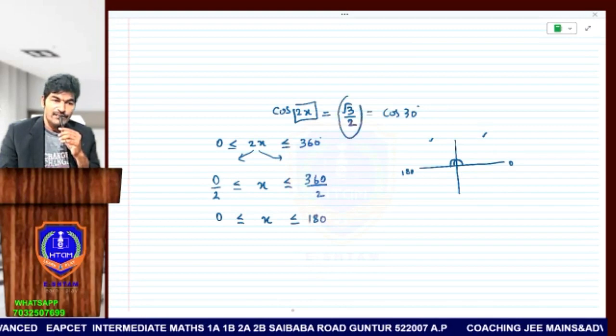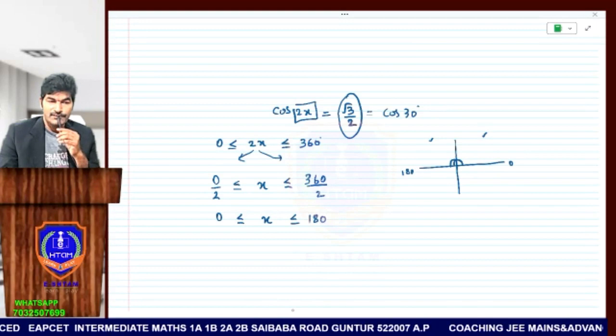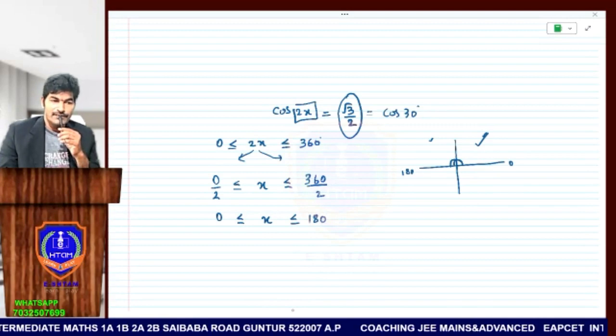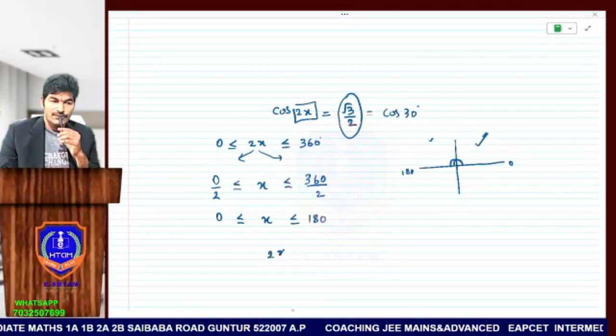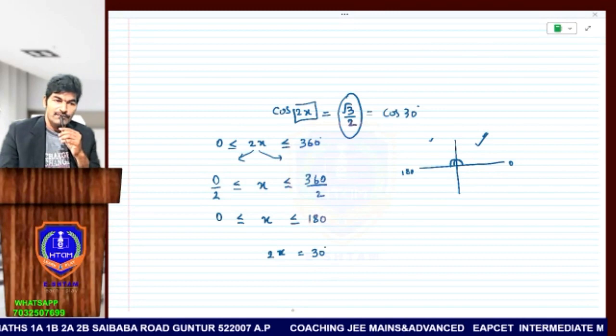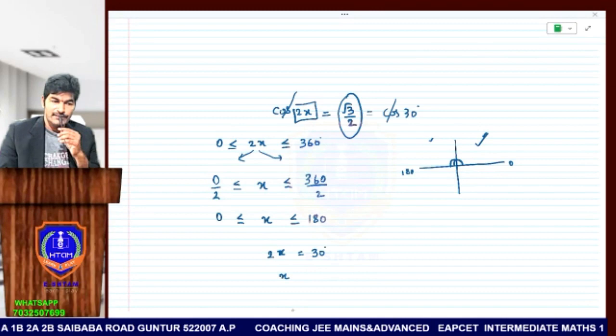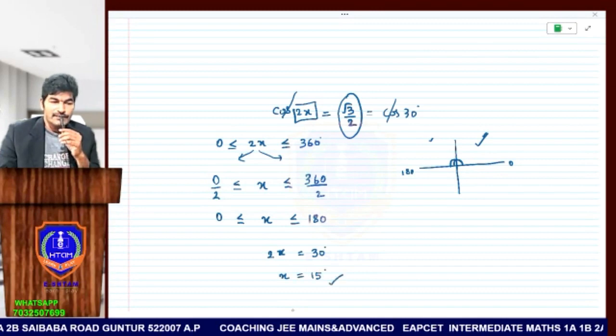Look at the value he gave, root 3 by 2, a positive value. So where does it lie? Only in the first quadrant. In the second quadrant, it is negative. So the answer will be in the first quadrant. That means 2x should be 30 degrees. I just cancel that cos on both sides, and 2x will be 30 degrees, and x will be how much? 15 degrees. Now you can check the answer. Is it 15?